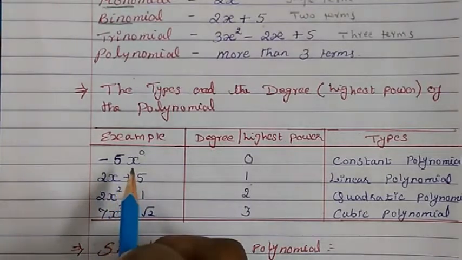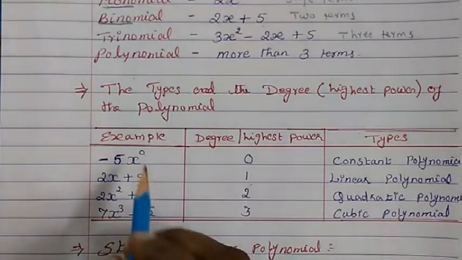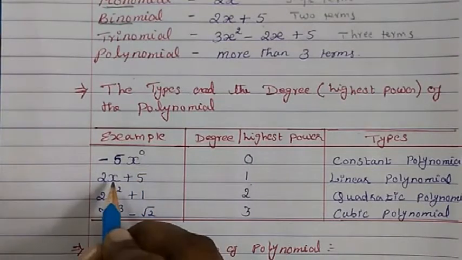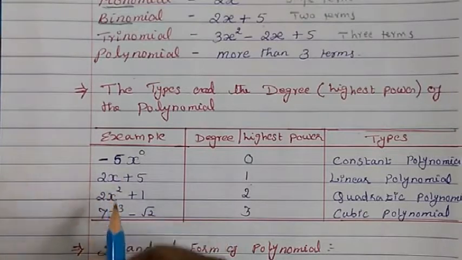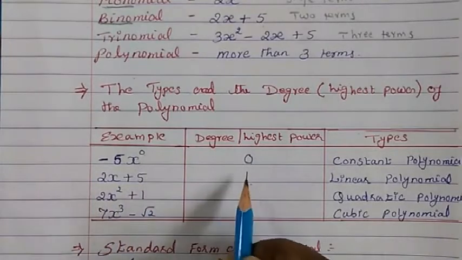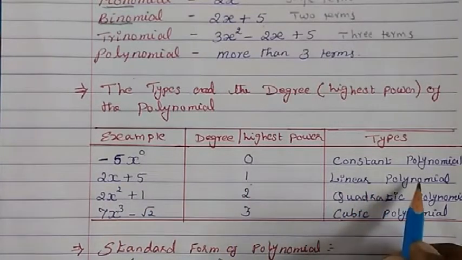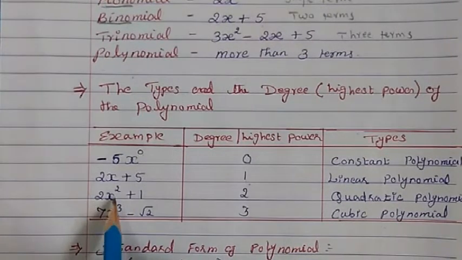Now if you see here, there is a variable. Whenever you see the exponent, you have to look at the variable, not at the numbers. So you have to see the variable's power. Now the variable power is 1 here. So when the highest power is 1, that is called a linear polynomial. Now here the highest power is 2.